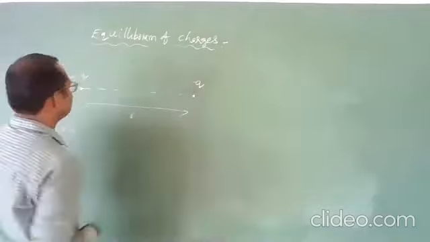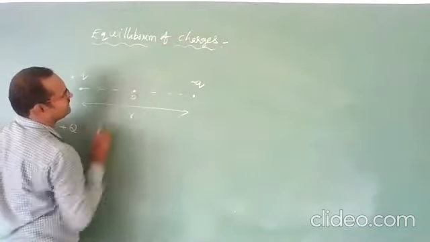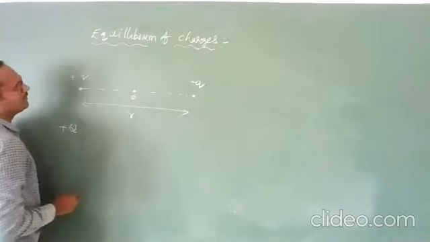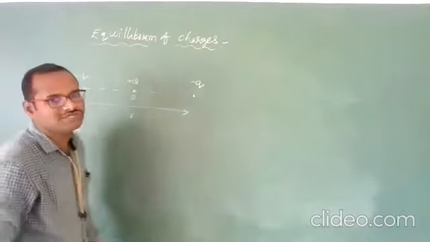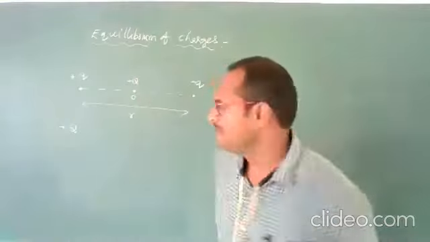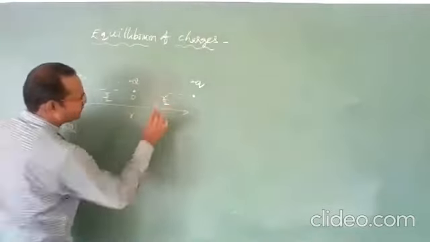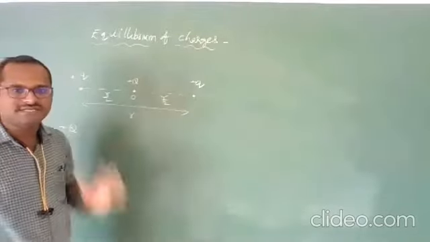Let us check at the center point. Let us imagine it is the center here. At this center, if you keep the plus Q charge, as we know, this distance is R by 2 and this distance is also R by 2. For both the charges, the distance is R by 2.